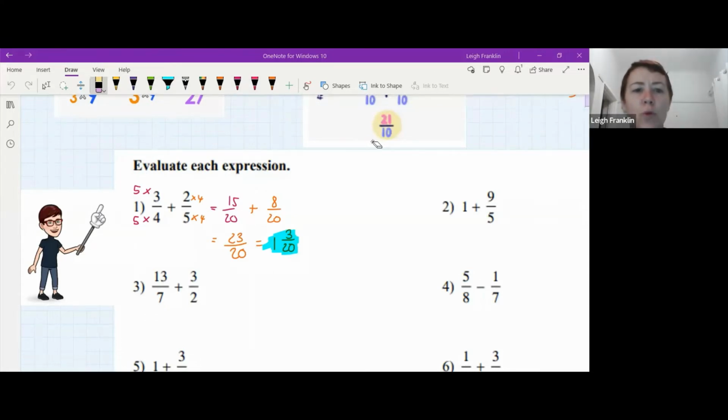What would you do, Rolivua? 1 plus 9/5 is 1 and 9/5 if you put it in a mixed fraction. Or if you put it in improper, you can say 5 over 5 plus 9 over 5.